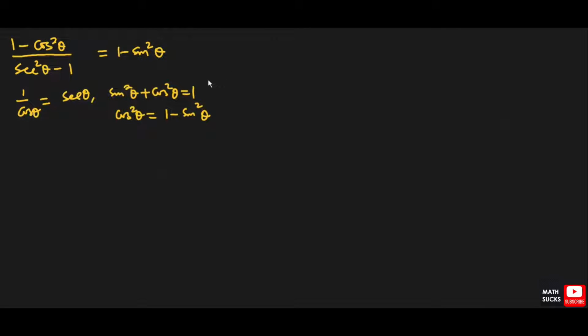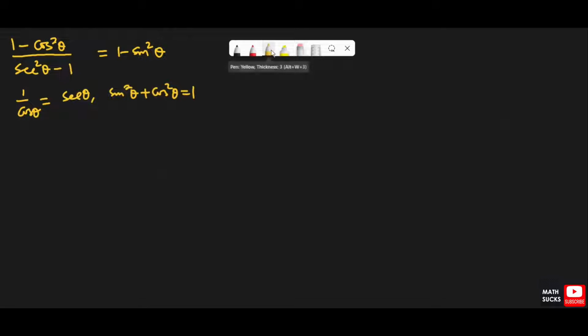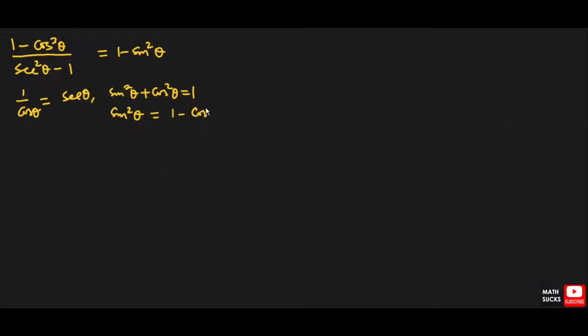You realize that it's much easier when you take cosine to the other side. It will quickly reduce to just sine. So from here you can see that sine squared theta is the same as 1 minus cos squared theta, which is the numerator we have here.